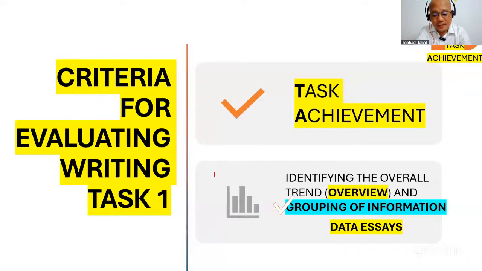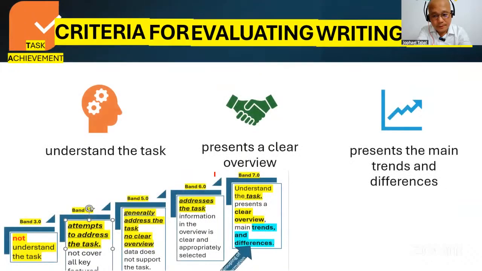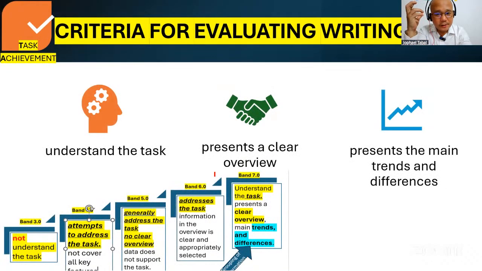So again, for task achievement, the grouping of information, or describing the main trends and differences, is also called the grouping of our information. Now, as a short recap, to get a band 7.0 for task achievement in writing task 1 on a data essay, the first thing is we have to understand the task.